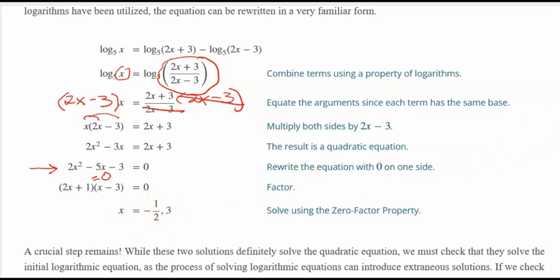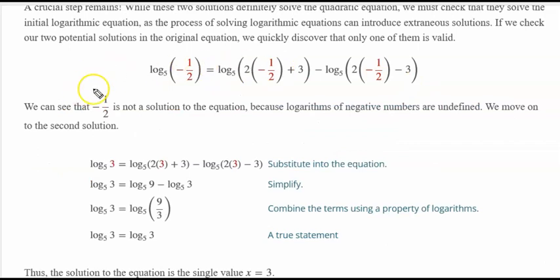Now we're going to check those in our original. I'll move it up so you can see it. When we put the negative value into our original, we see you can't have a negative log. So we have to reject this as a possible solution. When we put the 3 in there, it works out very well.